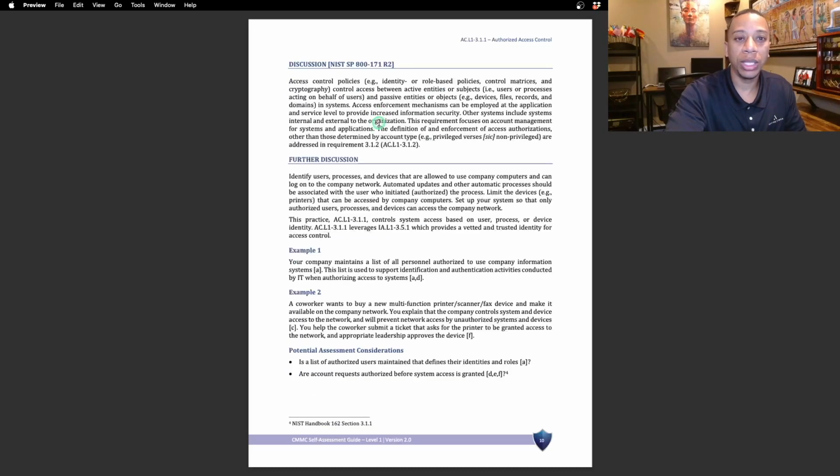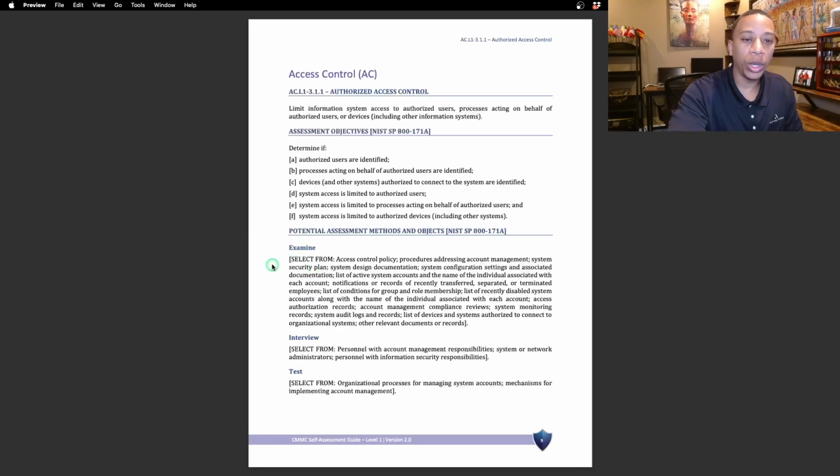And using the CMMC assessment guide, it gives you additional sections. It gives you discussion sections, which give you more context about the practice, further discussion, and examples of how you can satisfy this practice. These are the 3 different test methods that you can use. You can examine evidence, such as an access control policy or access control list, or you can perform an interview, or you can test it.